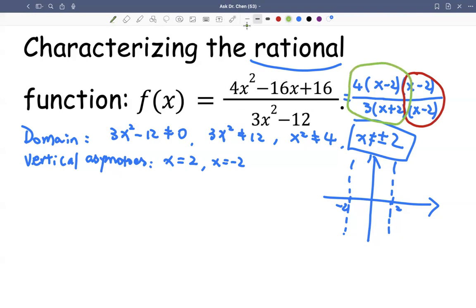Okay, so which means x equals 2, because those two simplify to be 1, is not a vertical asymptote, but a removable singularity.